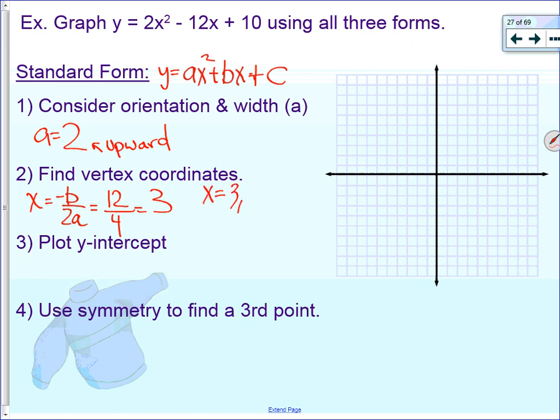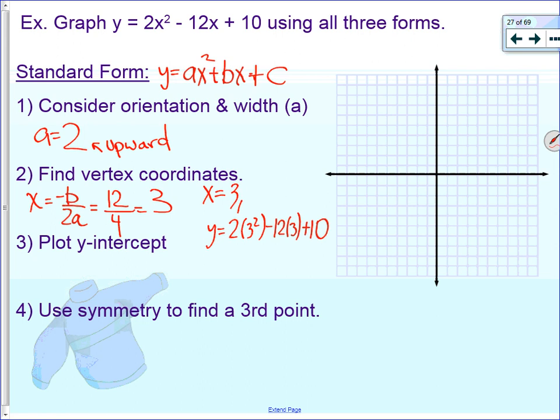So if x is 3, y is negative 8, so that means my vertex is (3, negative 8). So now I know my vertex. That is going to be the bottom of my parabola. Now this is an upward parabola, so that's going to be the minimum value of my parabola.